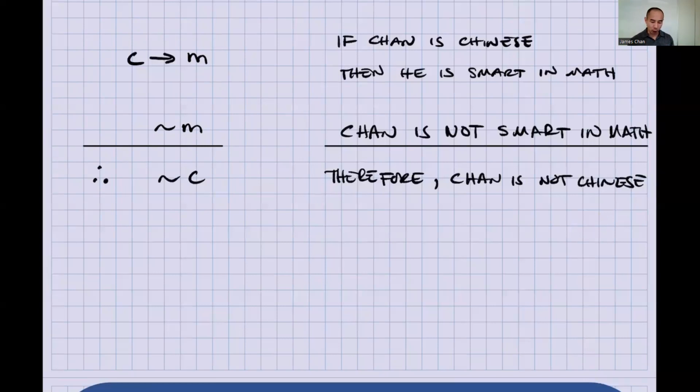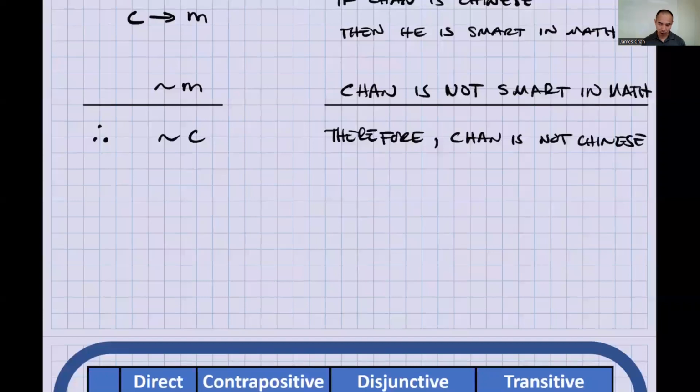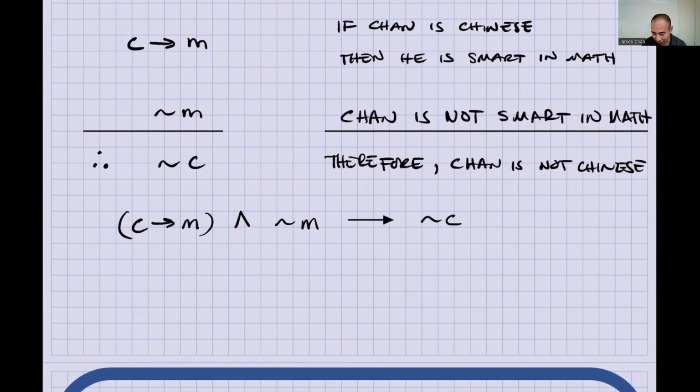Okay. So when I go to the truth table, here's what I want. All right. I want you guys to watch closely here. So here, if I'm correct, premise 1 is this. Premise 2 is this. Conclusion is this. So it's premise 1 and premise 2, and then the conclusion.